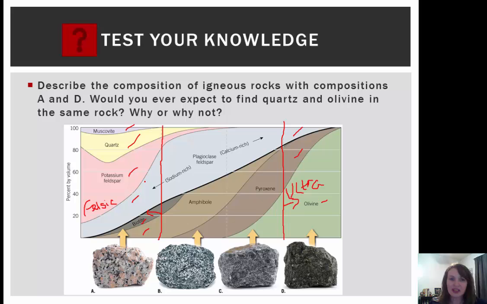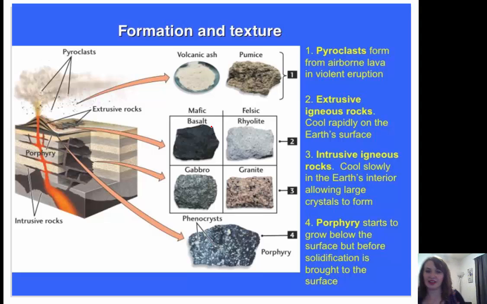Our quartz by percent by volume, that's this line here. And you can see that as we get into more mafic rocks, that quartz fizzles out. So no, and we'll talk a little bit more about why you're not going to get quartz and olivine in the same rocks. This again goes into some of the different types of environments, so you can review this if you want.